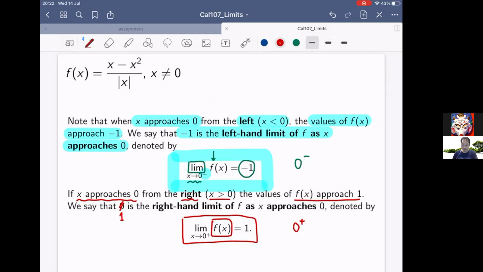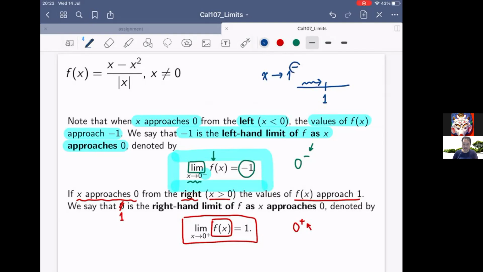So this notation and this notation just indicate the direction of your x approach at that point. For example, if you say x goes close to 1 and put a negative as a superscript there, it means that your 1 is right here and your x goes from the left hand side of that number. So it's not related to -1 at all. Please keep this in mind.